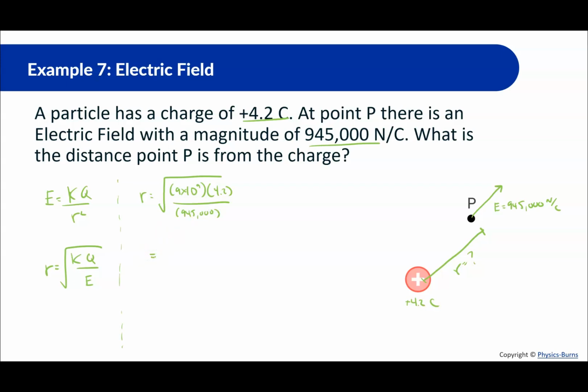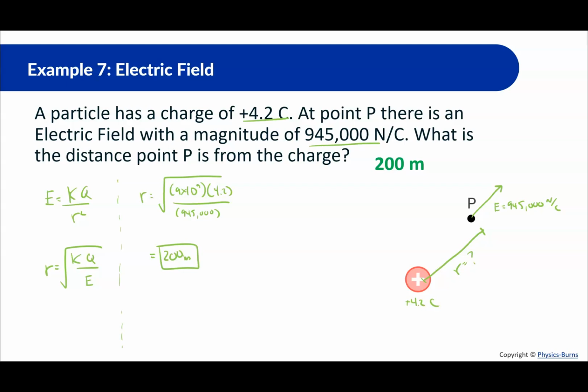And let's see what that's going to be equal to. 9 times 10 to the power of 9 times 4.2 divided by 945,000. And then the square root of that is going to give us 200 meters away.